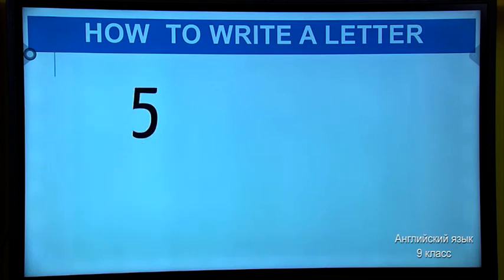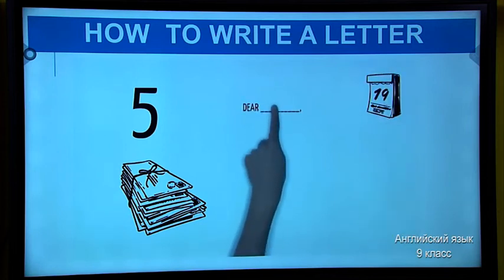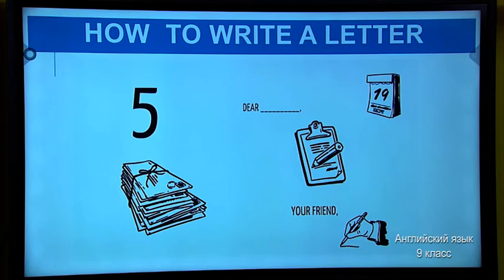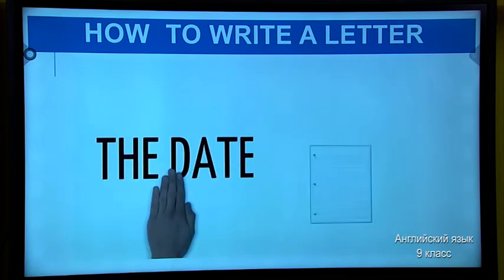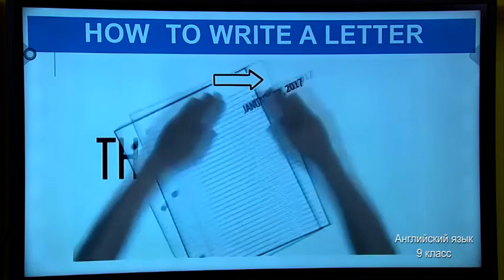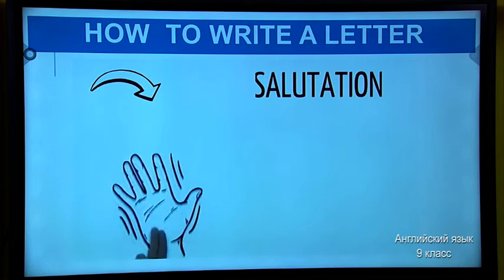There are 5 parts that must be included in every letter: the date, salutation or greeting, body, closing, and signature. The date goes at the top of your letter. It lets the person you are writing to know when you wrote the letter. Next, you must add the salutation or greeting.